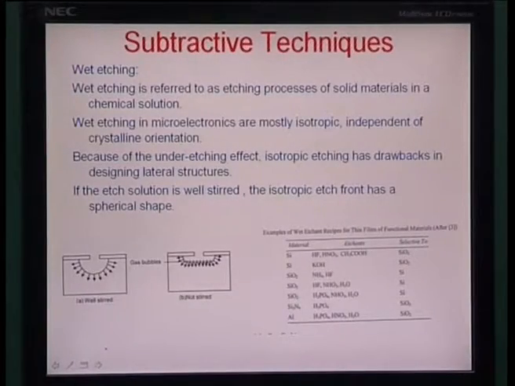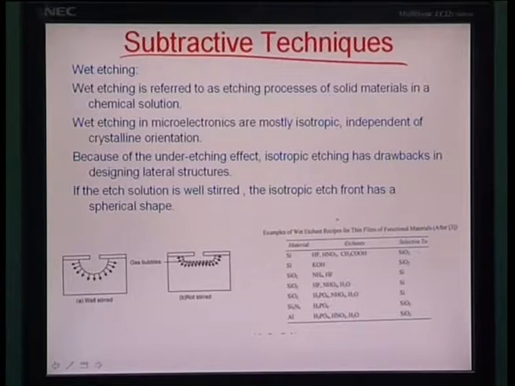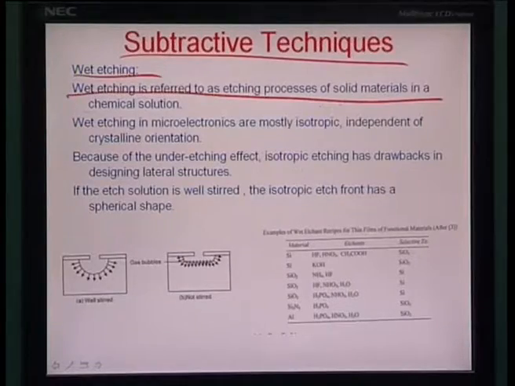Let us talk about subtractive or bulk techniques first. The first kind of bulk technique is the wet etching process. As the name refers, it is a process of removing solid materials by dipping them in a chemical solution, which can violently react and create groups or move away groups. Thus, etching is performed in that manner.